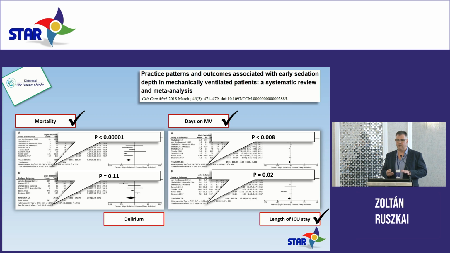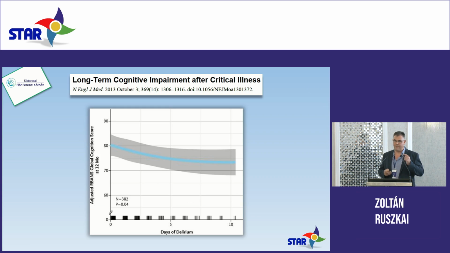The decrease in delirium was not significant, but there was quite a tendency that light sedation can reduce delirium, the presence of delirium and the duration of delirium also. And if we think about this picture, the duration of delirium has a really important impact on post-ICU cognitive function.